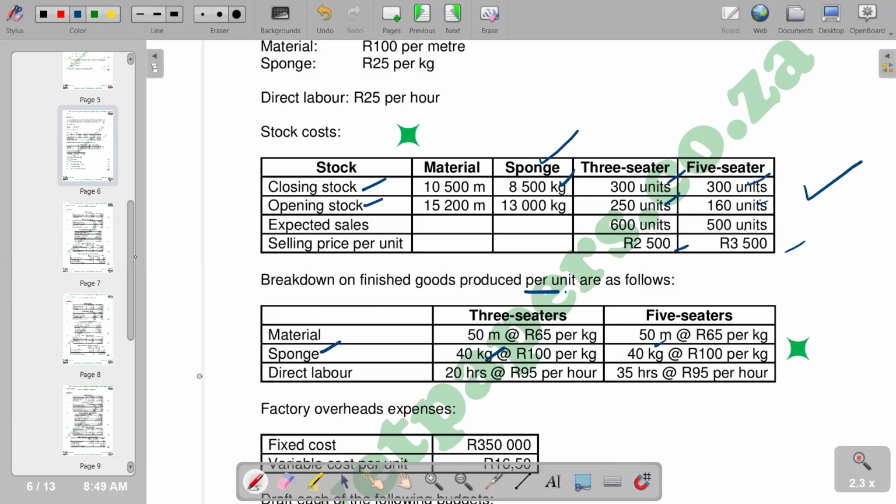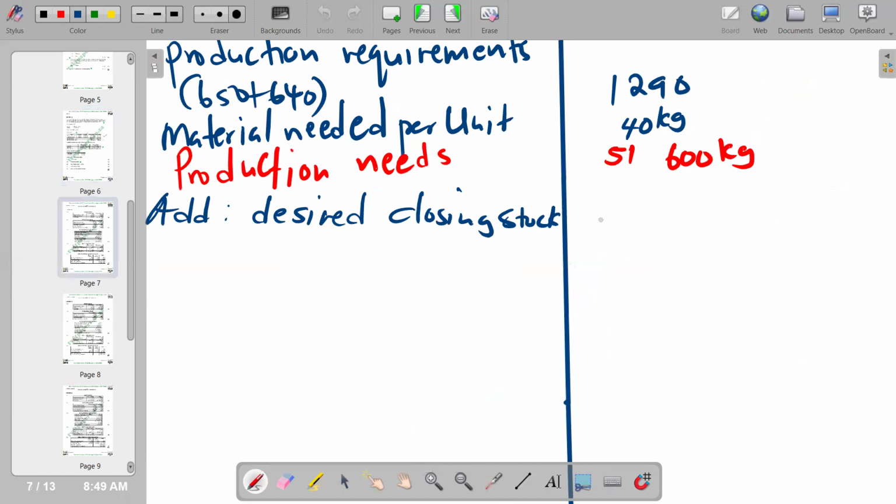So we put our 8,500 kg, and when we add, we get the total needs: 51,600 plus 8,500 gives 60,100 kgs.